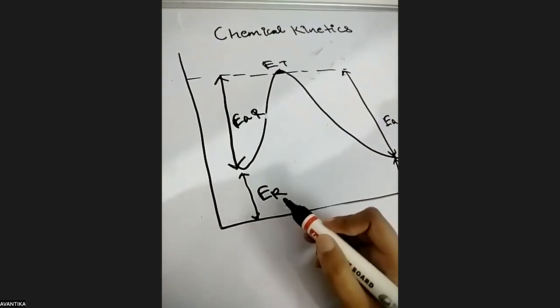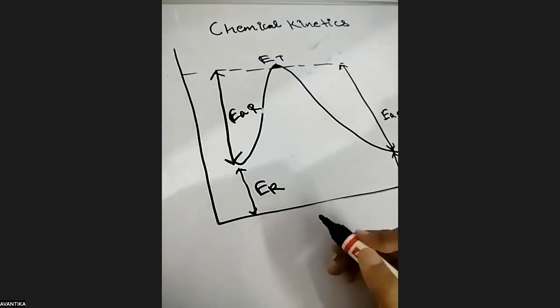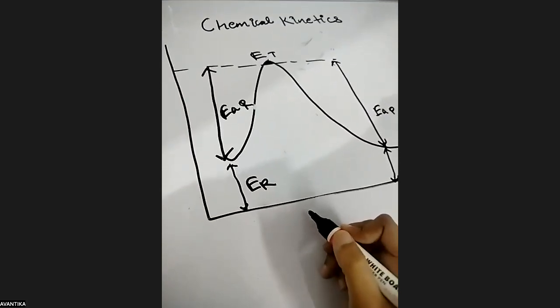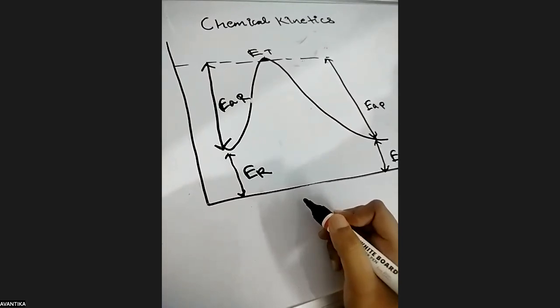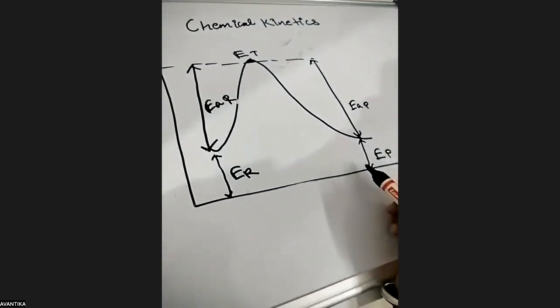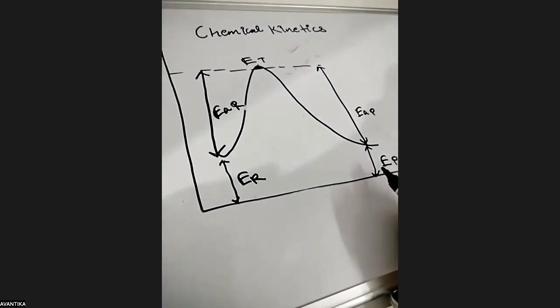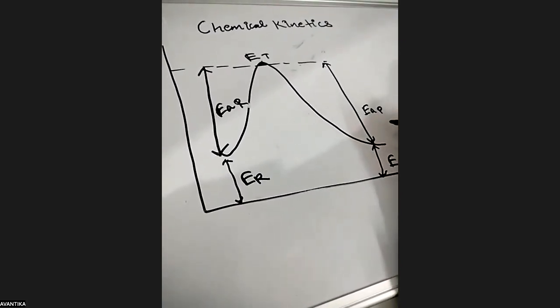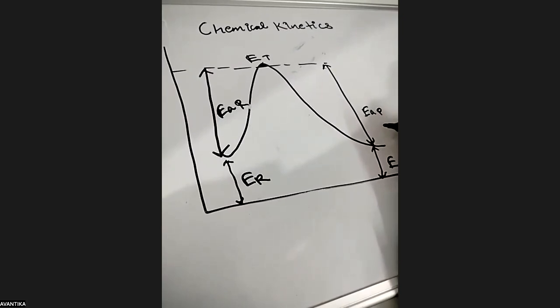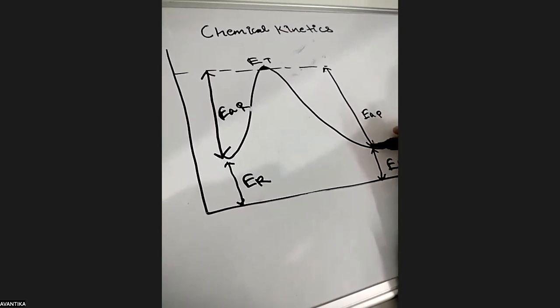And this is an exothermic reaction. So here the energy of products is less than the energy of reactants, and the activation energy of products is more than that of the reactants.